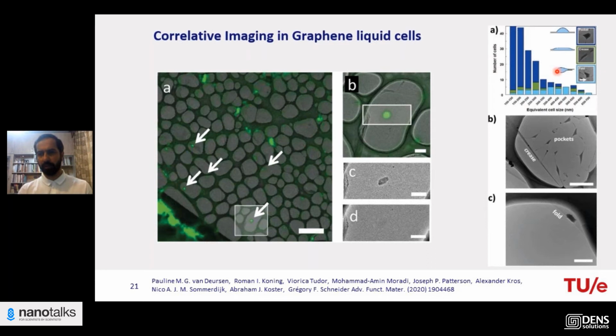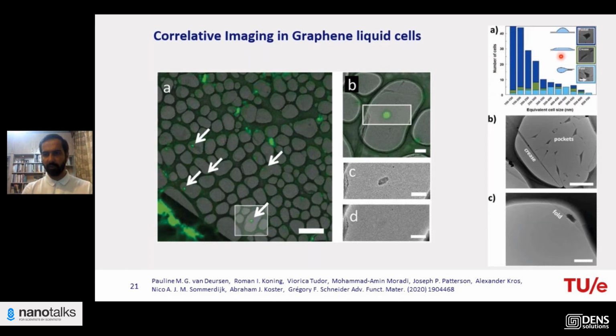This is all done in this beautiful paper, where you can see the normal pockets where the two sheets are coming on top of each other. That is the majority that you can get from this loop-assisted method, but most of them are in the range of less than 350 nanometers.